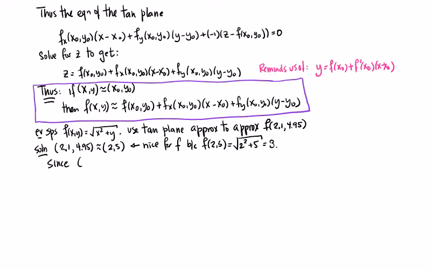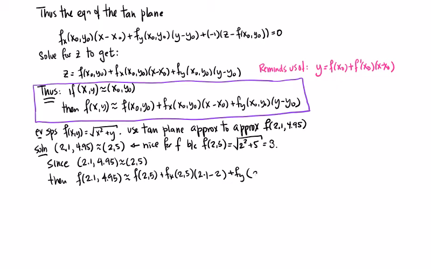It tells us that since 2.1, 4.95 is approximately 2, 5, then f of 2.1, 4.95 is approximately f of 2, 5 plus f sub x of 2, 5 times 2.1 minus 2, that's x minus x sub 0, plus f sub y of 2, 5 times 4.95 minus 5.